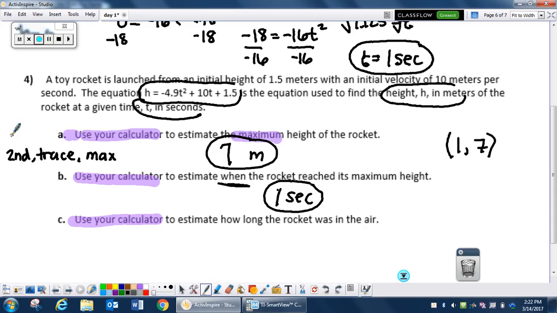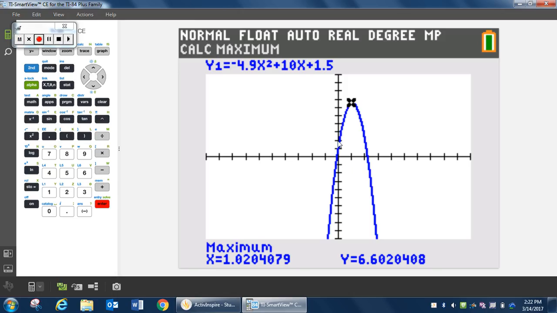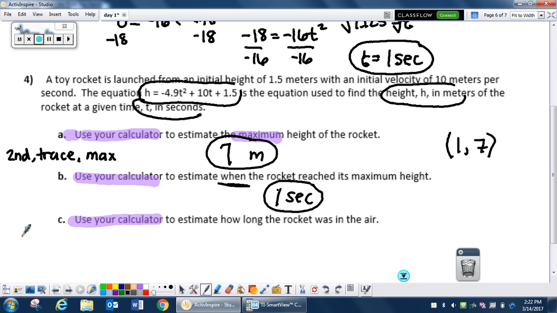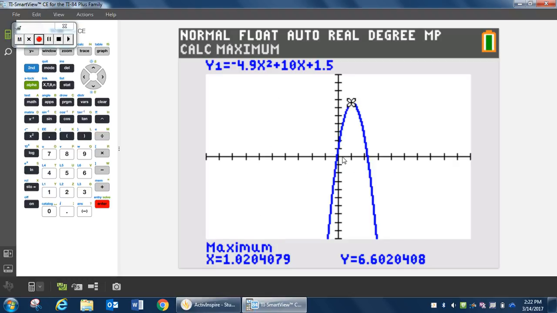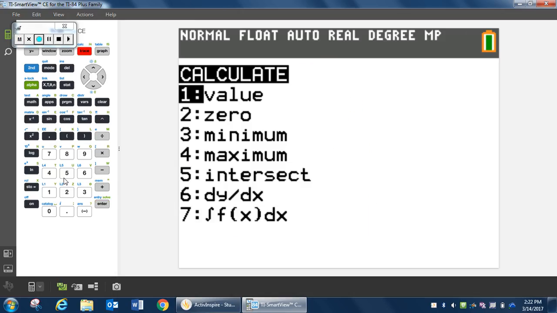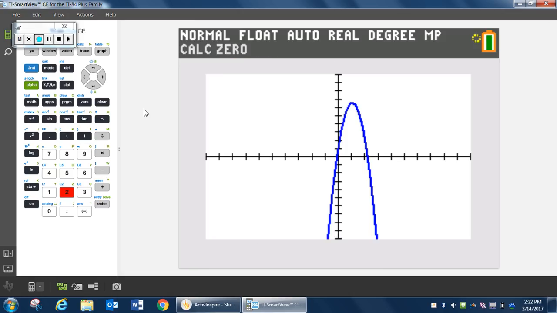Because moving into question C, it's how long the rocket was in the air. Well, in the real world, we can't go underground. So in the air, it stops right there on your graph. Okay, so that's 0. So when t equals 0. So here it starts at the ground, it goes up, and then it comes back down, and now it's done. Okay, so we're going to calculate that 0. Second calc, 0.